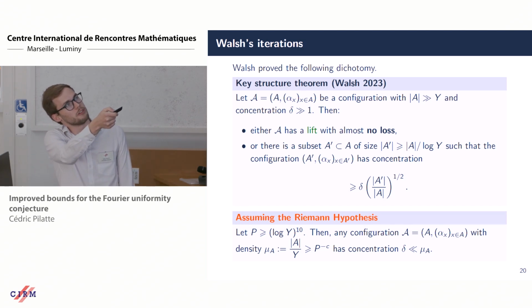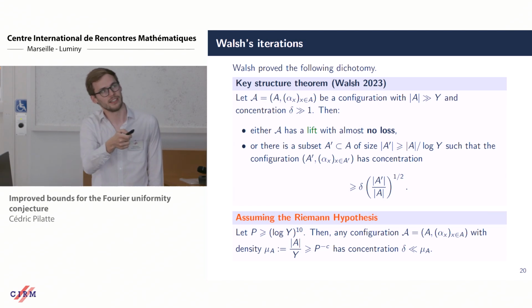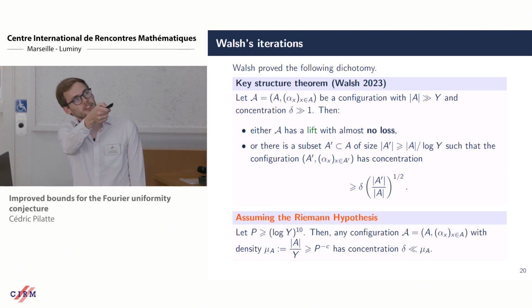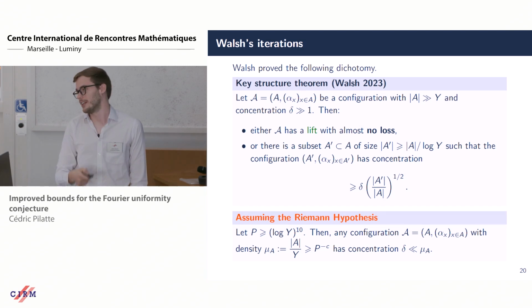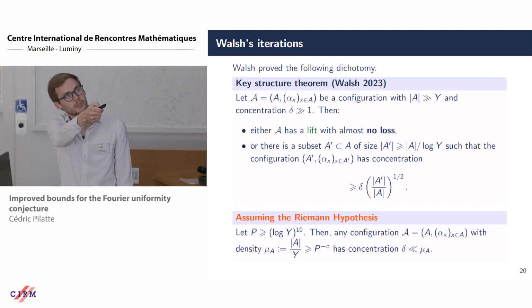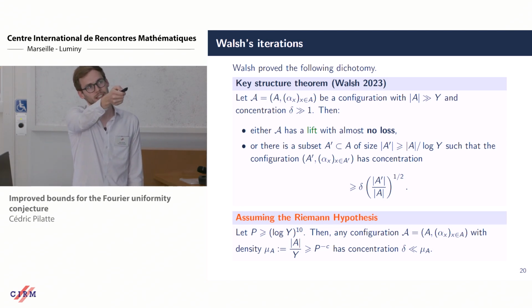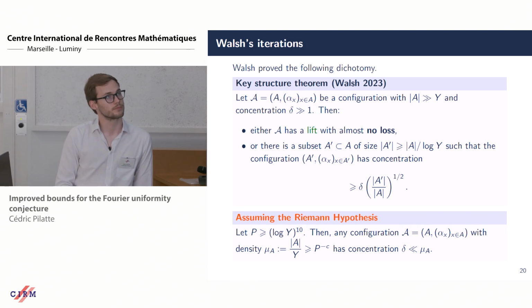And if you look at the configuration that just consists of restricting to this subset, then the concentration is still quite large. So it's at least the original concentration, and then you get this factor, which is the ratio of the two sizes, to some constant which is less than 1, importantly. But you could prove it with any constant here that's between 0 and 1.